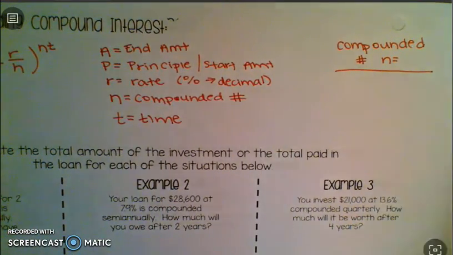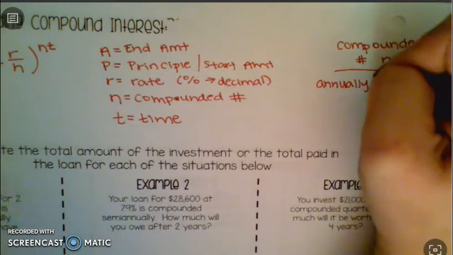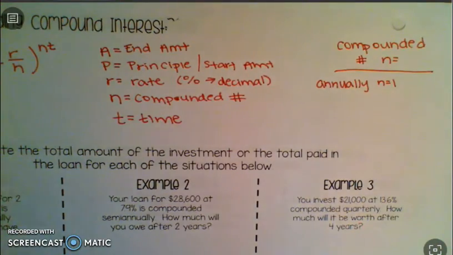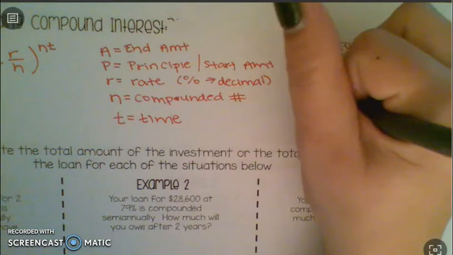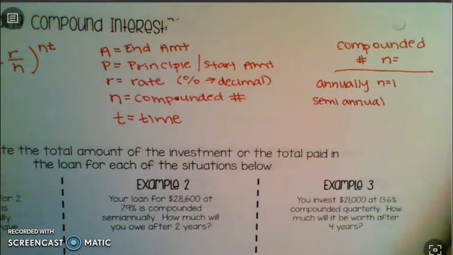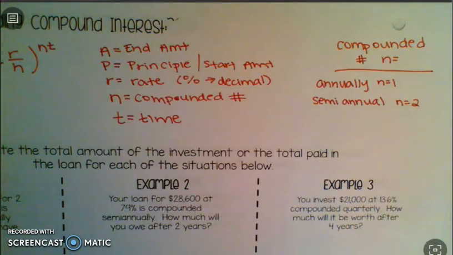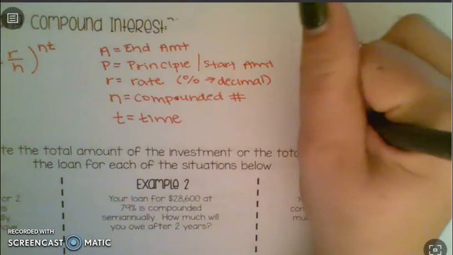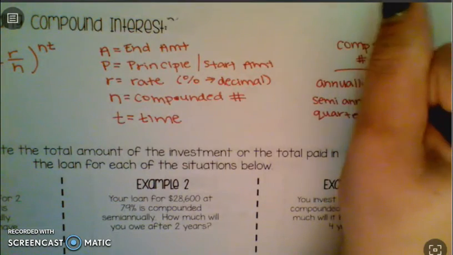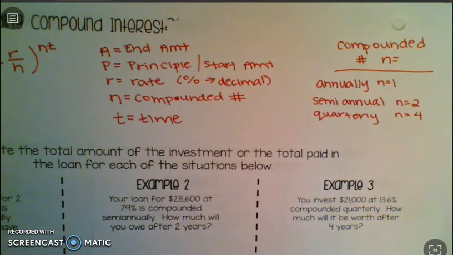So if it says annually, your N is going to be 1 because annually happens just one time in a year. If you have a semi-annual sale, semi-annual sales happen twice a year. So N is going to equal 2. You could also have quarterly, which is 4. There's 4 quarters in a year.